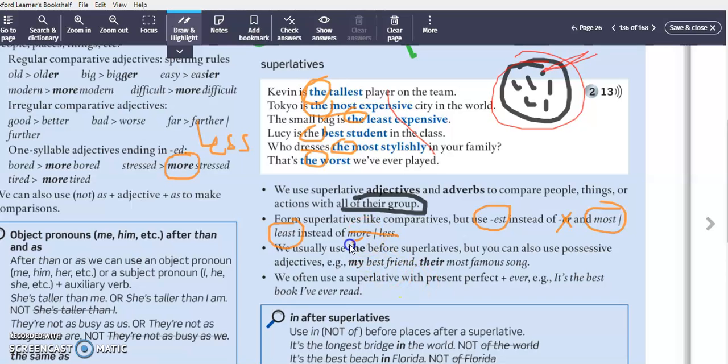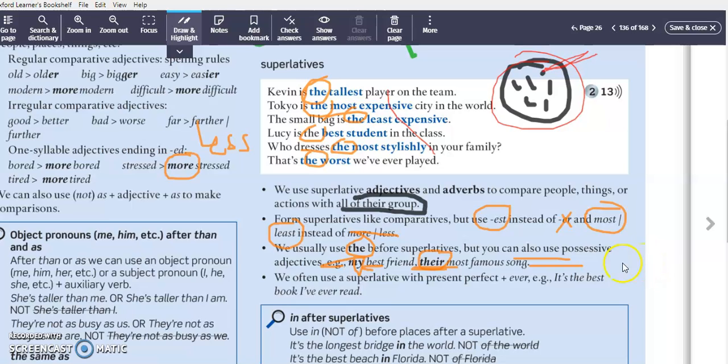Use the before a superlative, but you can also use my best friend, their most famous song. En vez del the, pues es mi mejor amigo, mi mejor amiga. La canción más famosa de ellos, their, su canción más famosa.